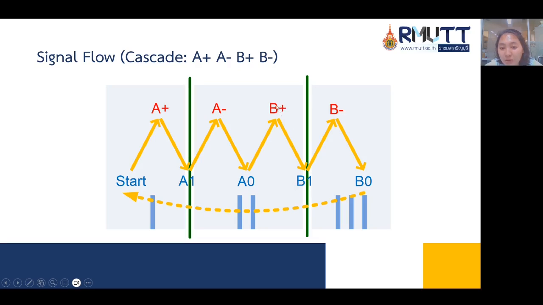After cylinder B goes forward, limit switch B1 is active, then it makes cylinder B go backward, and after cylinder B goes backward, limit switch B0 is active. And then it cycles again, we press the start button and so on.